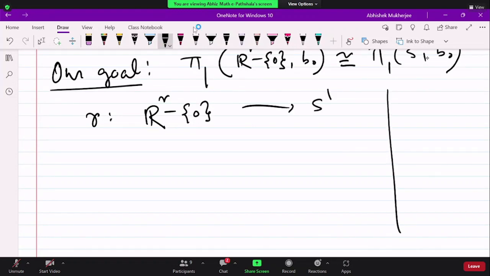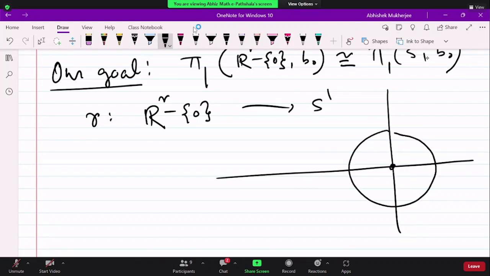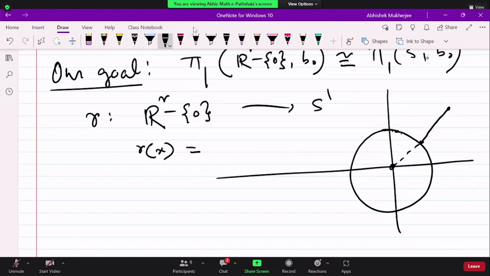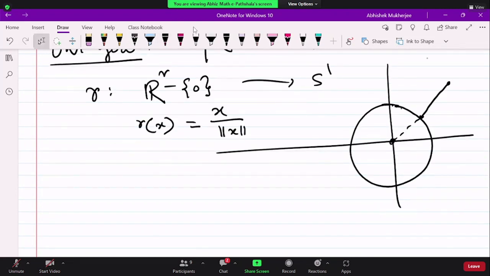Just by collapsing each point of R2 minus 0 to this one. So the formula of this R will be, I'm taking each vector x to x divided by the norm of x. And this is going to be a retraction, as we have seen.